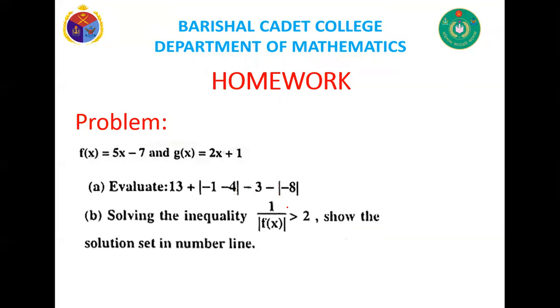Then B: solve the inequality 1/f(|x|) > 2, and show the solution set on the number line. C: with the help of the number line, solve x·g(x)/f(x) < 0.